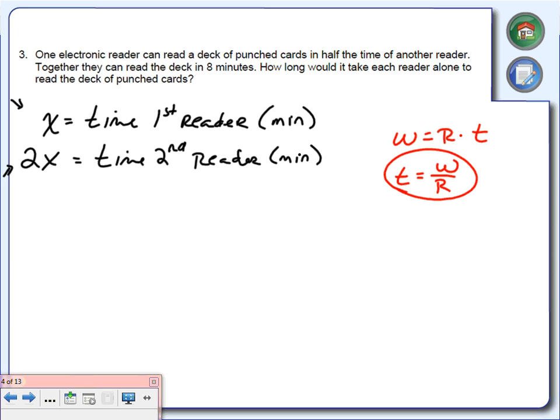So what I'm going to do is take the time of reader 1 plus the time of reader 2. When you add those together, you get the time of both of these working together.